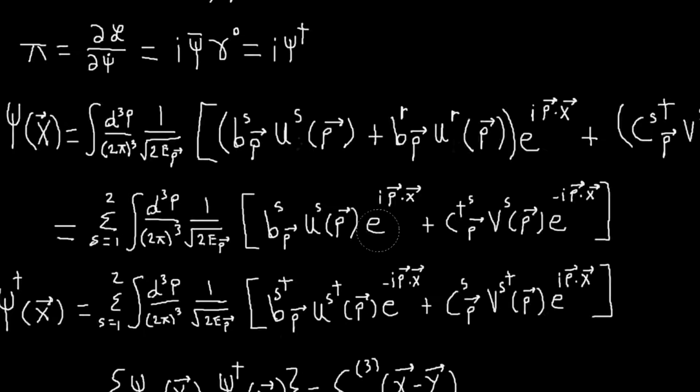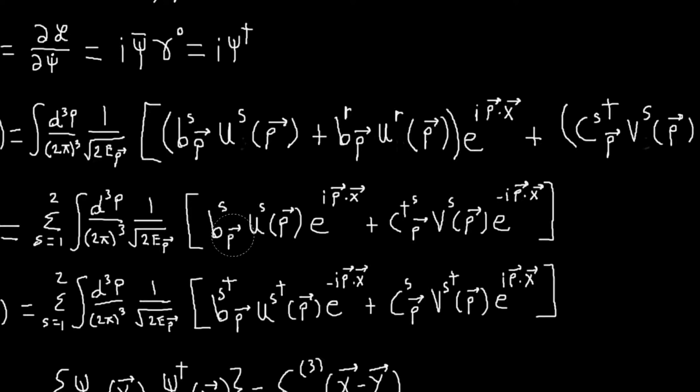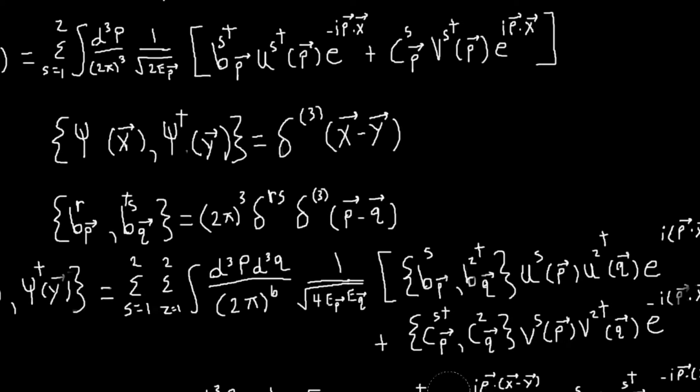and it's not too hard to work it out. Basically, you end up with anticommutators of all these things. It's kind of like foiling. But the anticommutator of B and C will go away, the anticommutator of C dagger and B dagger will go away. So the only terms that contribute are the ones that have the anticommutator of B and B dagger and C and C dagger.